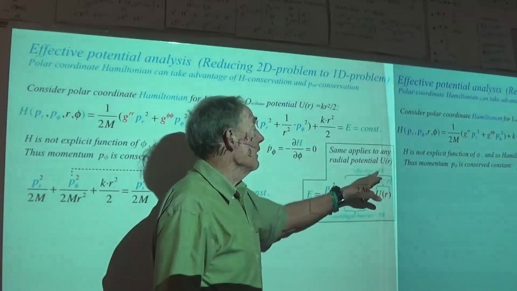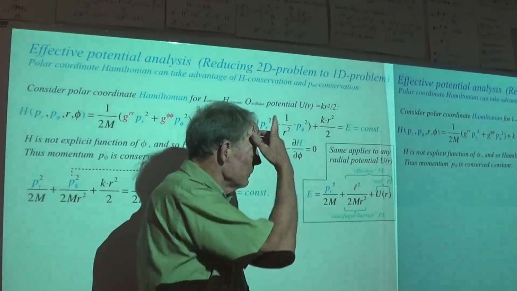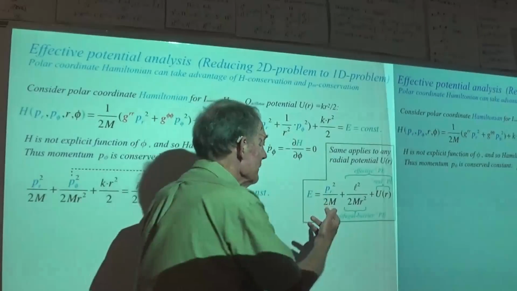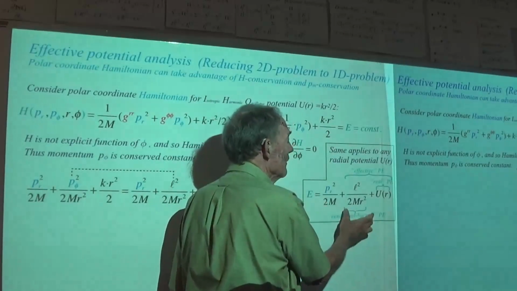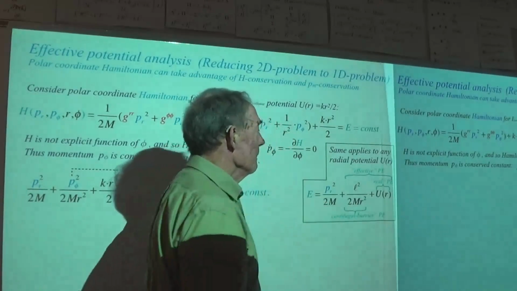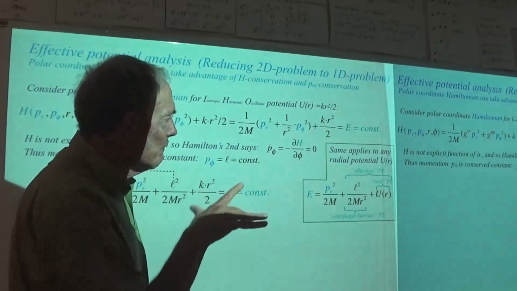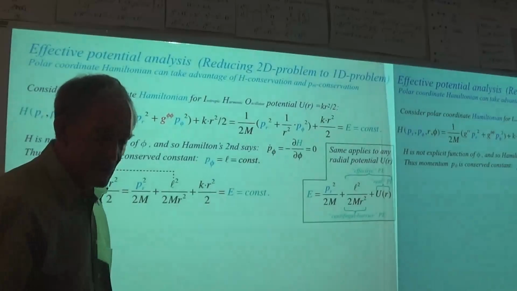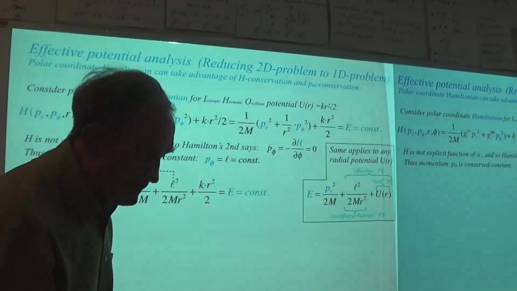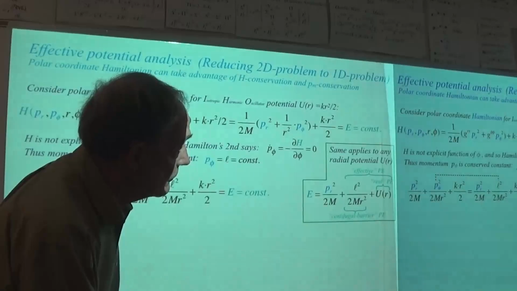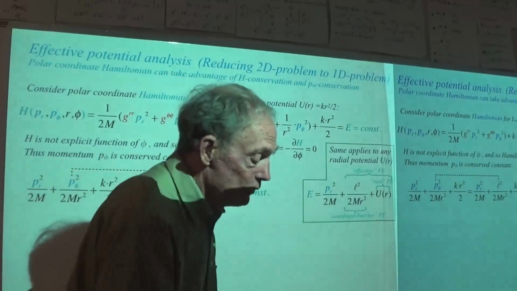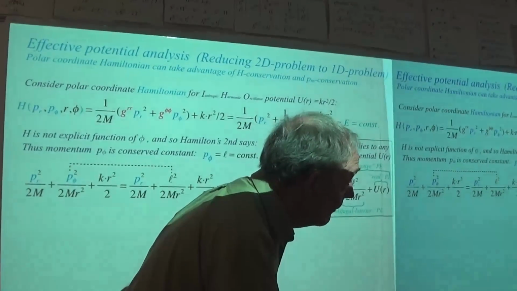That's going to be an entire effective one-dimensional potential. And there's a name for this. It's called the centrifugal barrier potential. It goes to the quantum mechanical scattering problem that came up after all of this stuff got used for quantum mechanics.